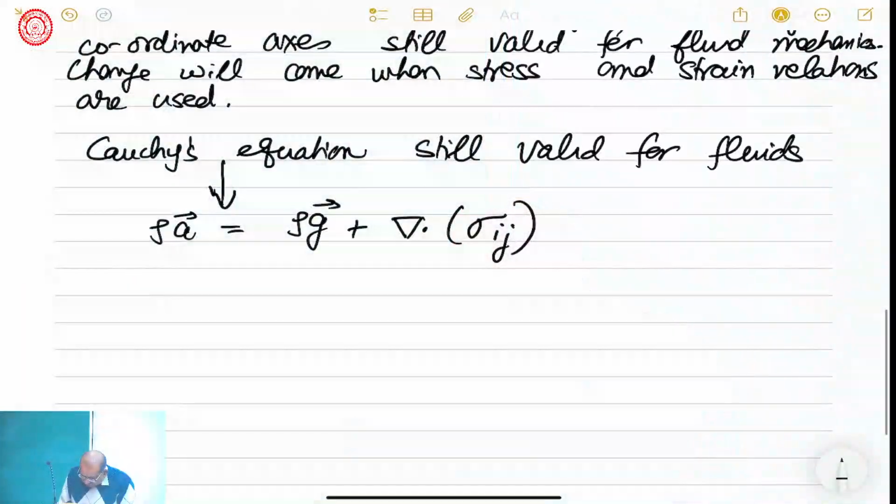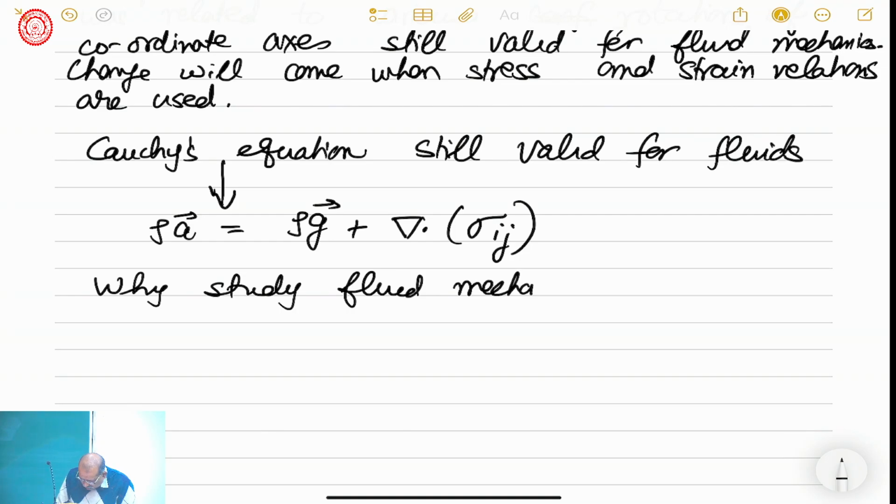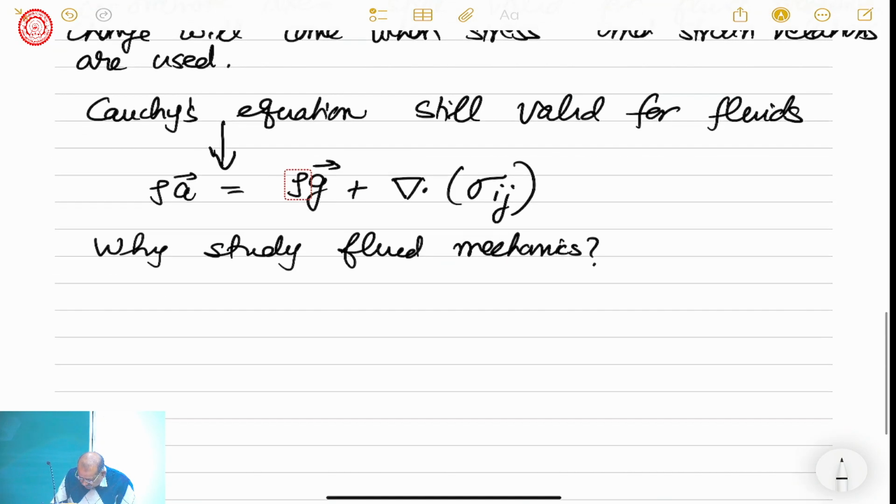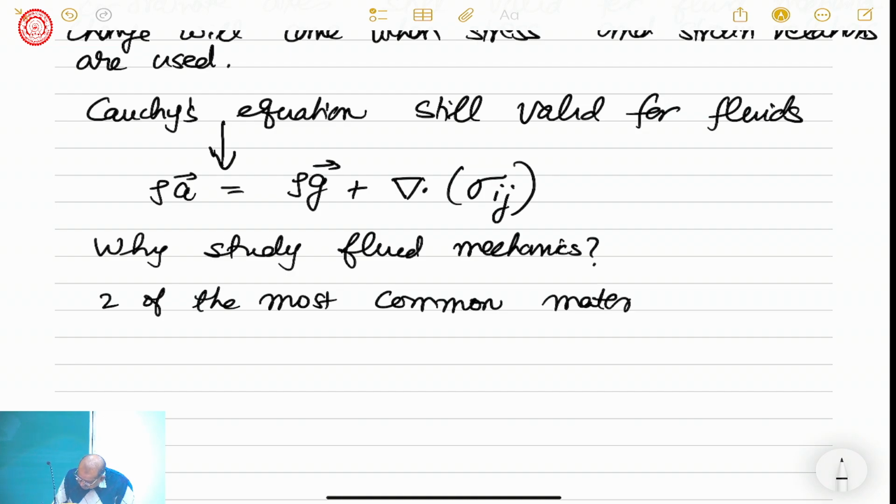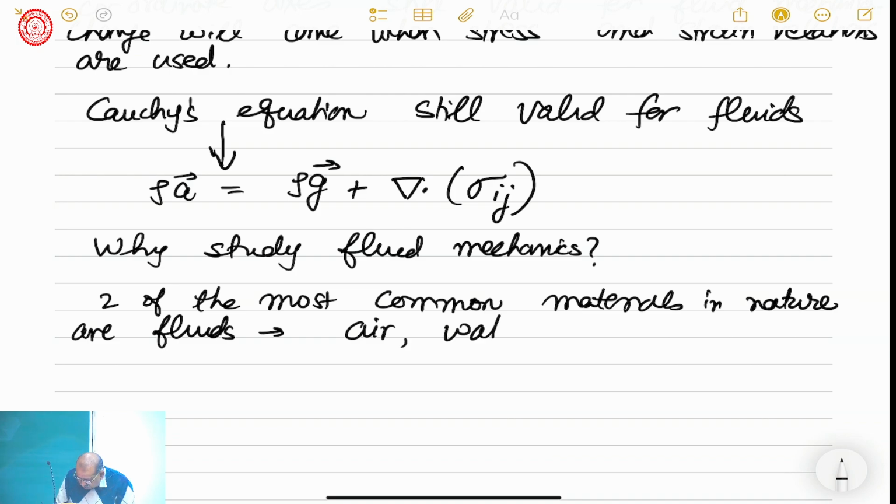So if I ask, why study fluid mechanics? Then two of the most common materials in nature are fluids, air and water.